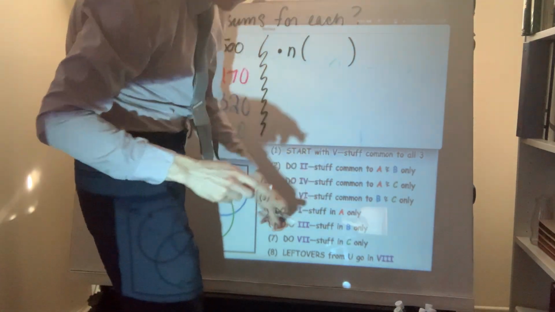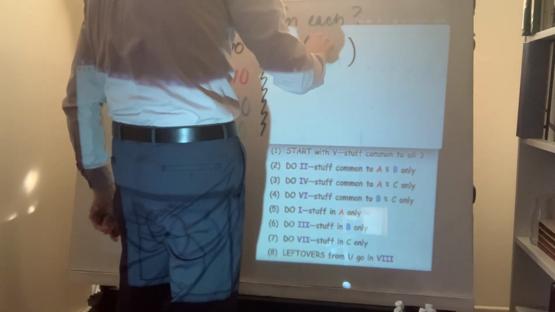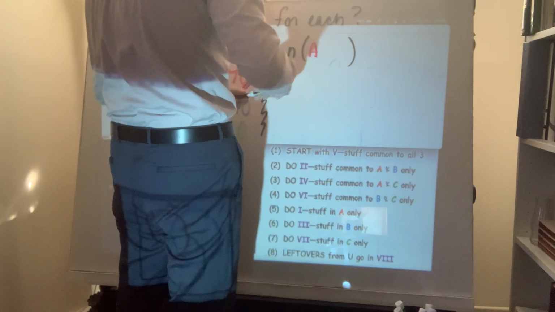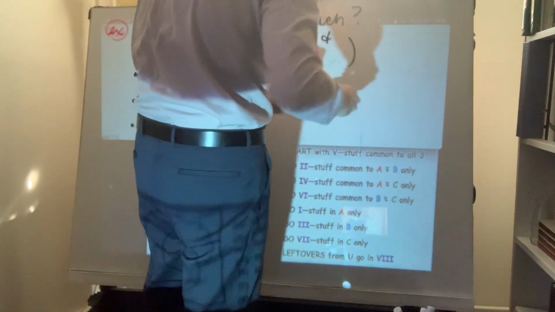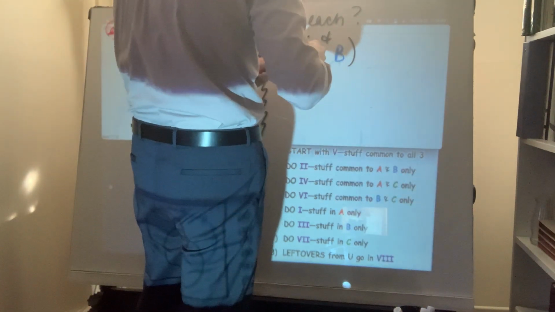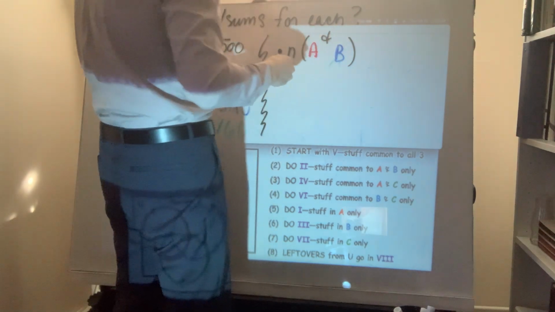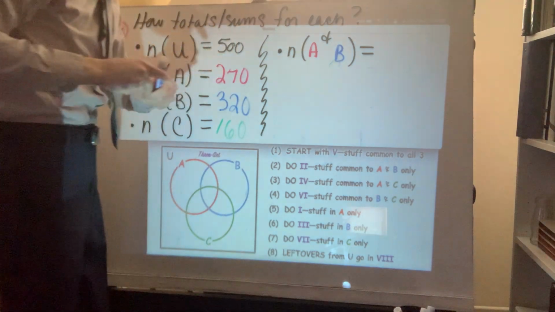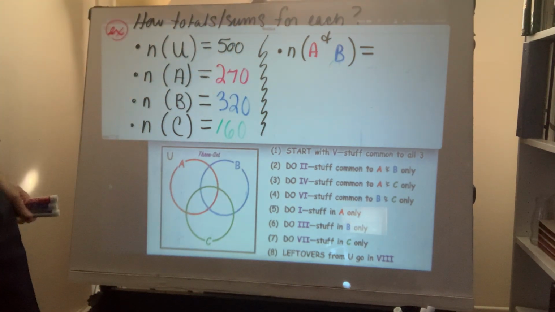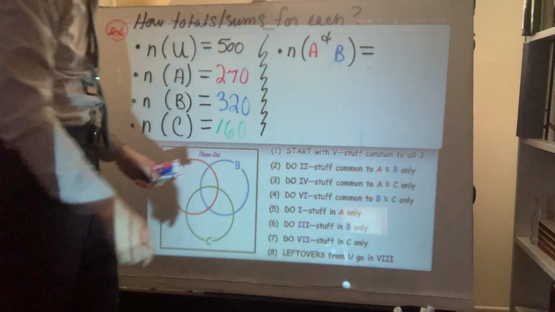In theory, I'm looking for the number of people that are both A and B. I already have the number, and that's great. But I do want to pay special homage to a certain symbol that we are familiar with right now.